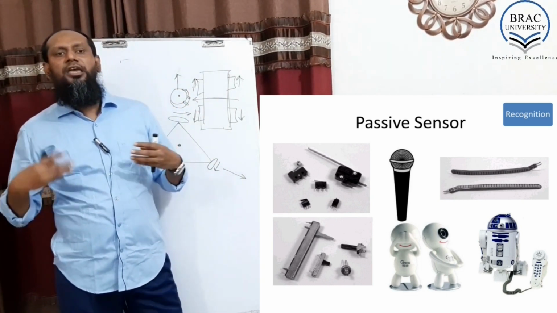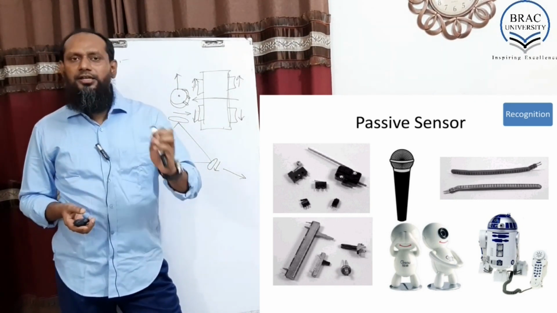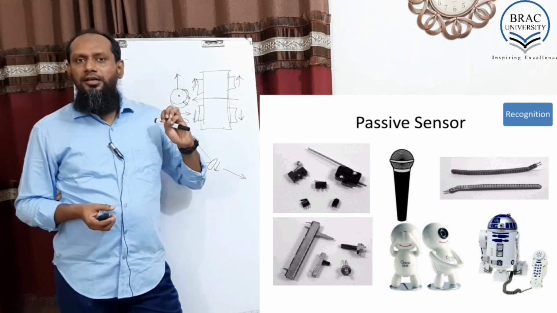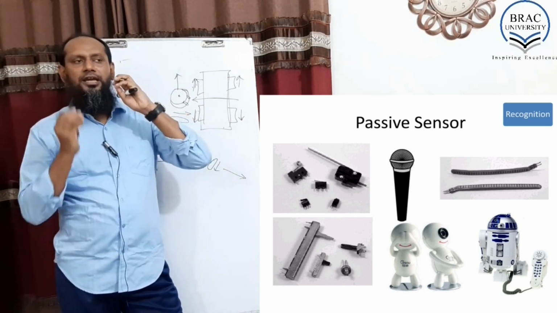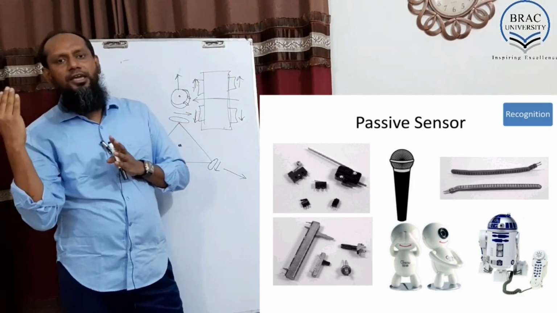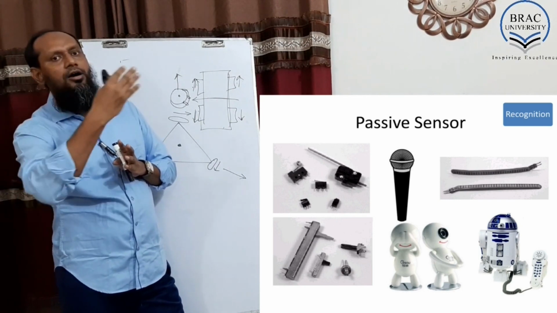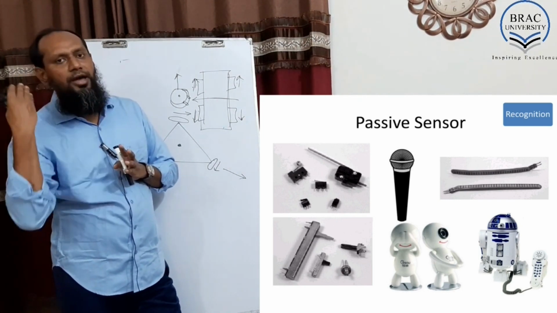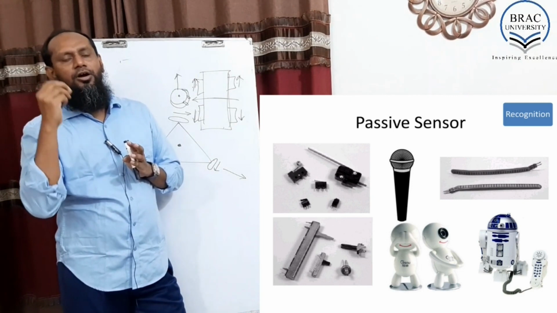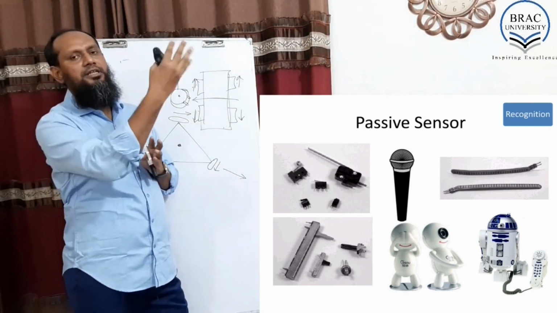For an active sensor, you need some emitter. You send some sound, it goes and comes back again, and you measure how much sound came back, or after how long it came back, by measuring this timing or the amplitude of the sound. You can measure the distance.